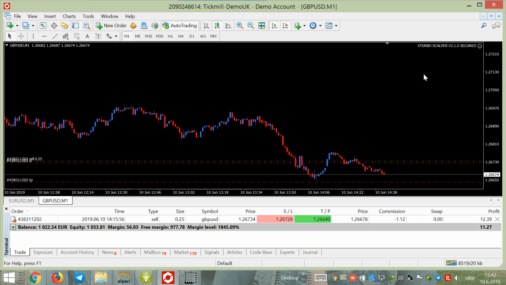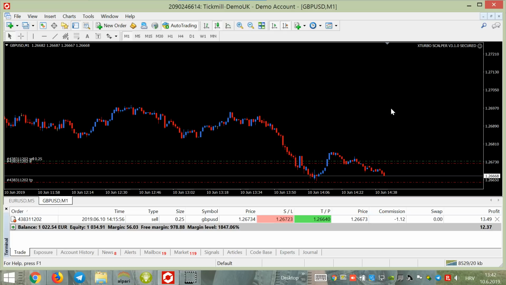M1 is for those who maybe want more trades per day, because on M15 or M5 you'll have maybe only a few per day, and some of you said it's not enough. For me it's enough, but okay, this is M1.